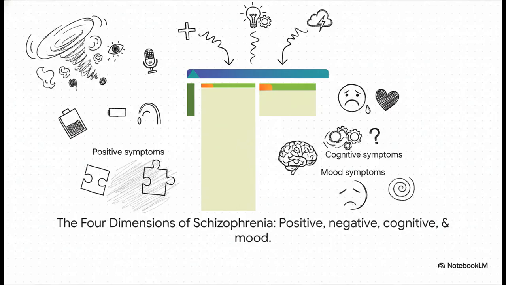So you've got your positive symptoms. Now, positive doesn't mean good here. It means things that are added to reality, like hallucinations or delusions. Then you have negative symptoms, which are things that are taken away or lost, like motivation, joy, or even speech. Throw in the cognitive and mood symptoms, and you start to see a full picture of how this condition impacts every part of a person's life.